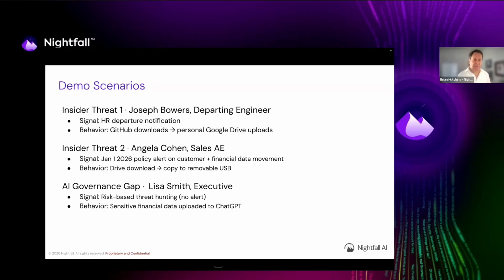Scenario two is Angela Cohen. She's a sales associate. And we did get a policy alert for her on January 1, where maybe there was some movement of customer lists or some financial data.